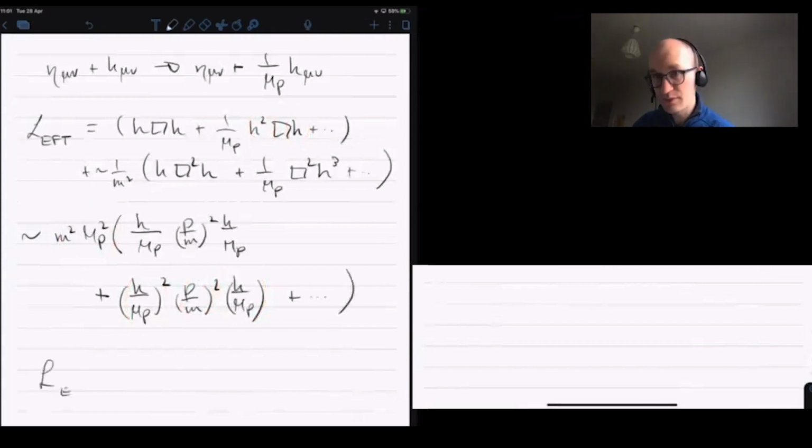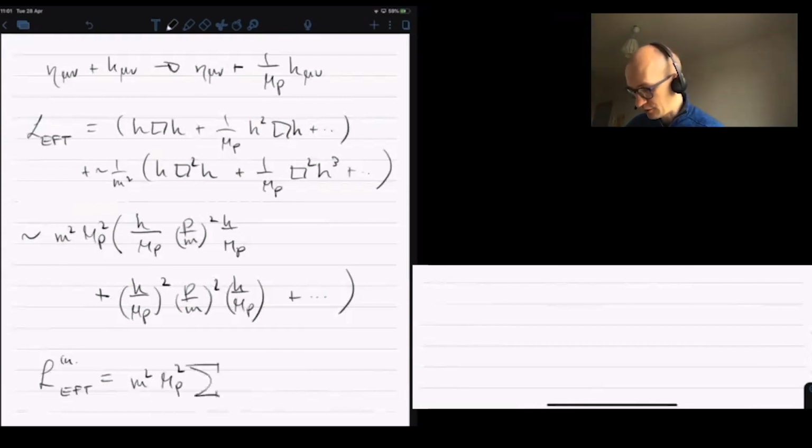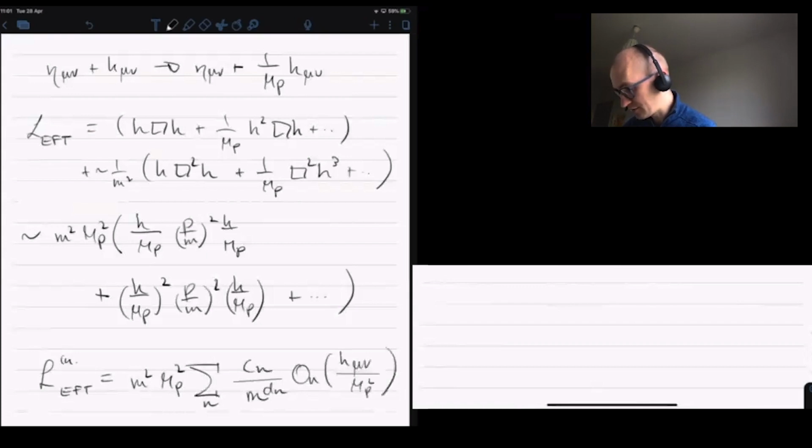So let this be the last formula that I write. The interaction EFT is going to be an overall m squared m Planck squared times a sum over all derivatives, where I have a coefficient Cn with the power m to the number of derivatives in the interaction, times the operator On, which is made up of h mu nu over m Planck squared.